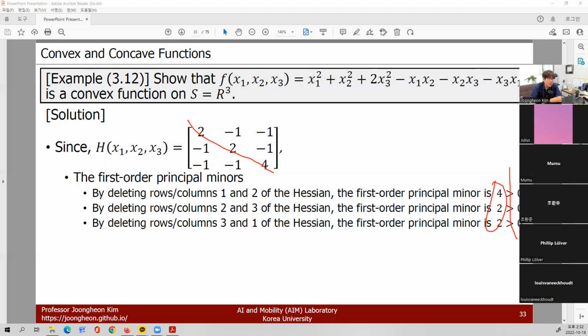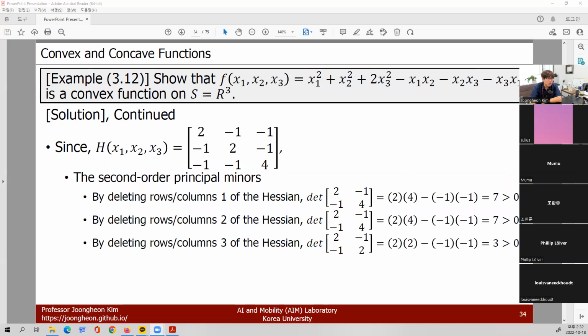Now let's look at the second order principal minors. In the second order principal minor, n is 3 and i is 2. That's why you have to delete 3 minus 2, which is 1 row and 1 column. So you have to delete this row and this column, and you get this submatrix.